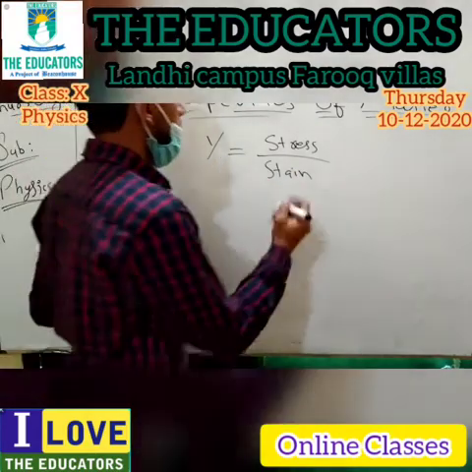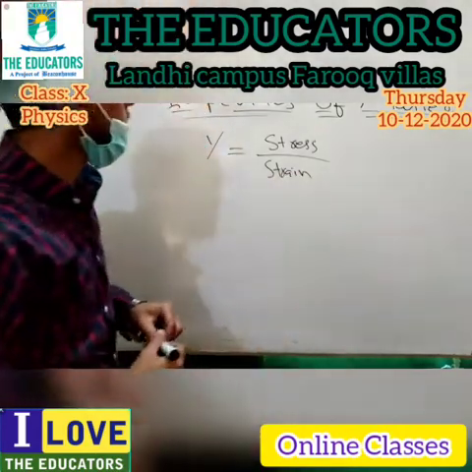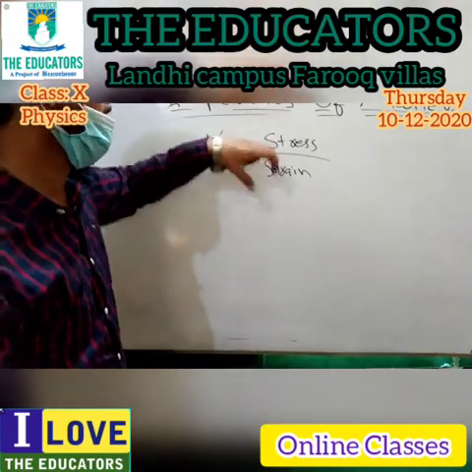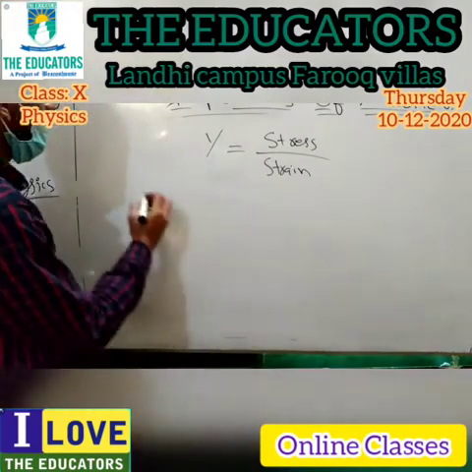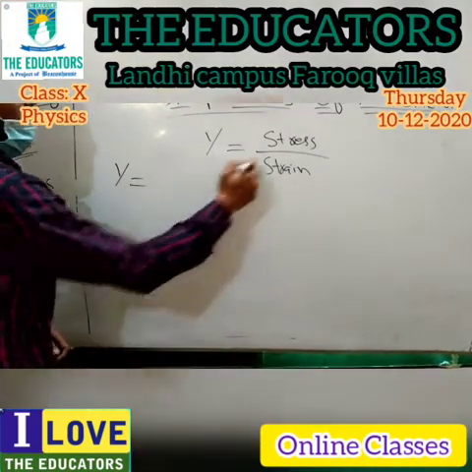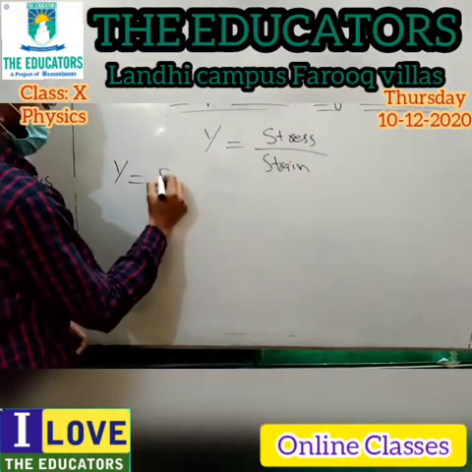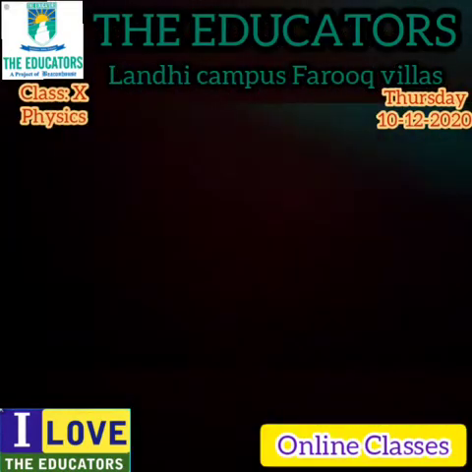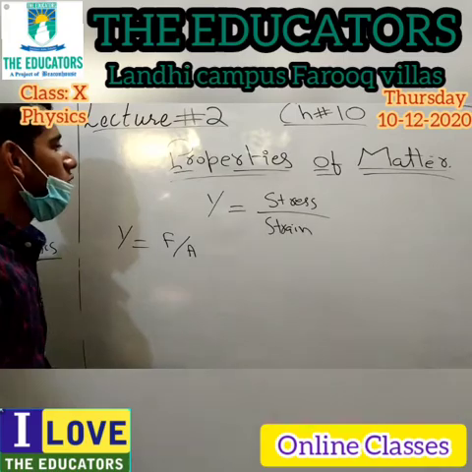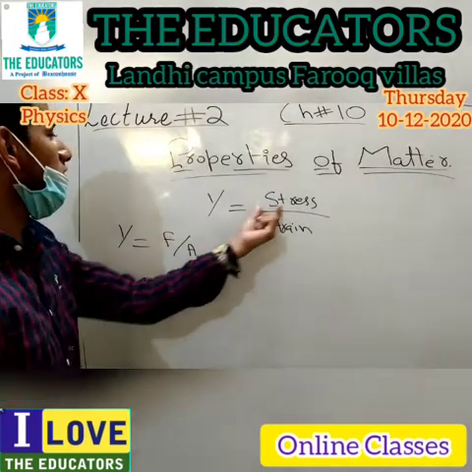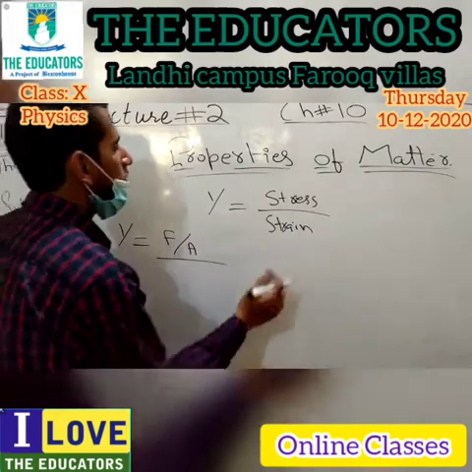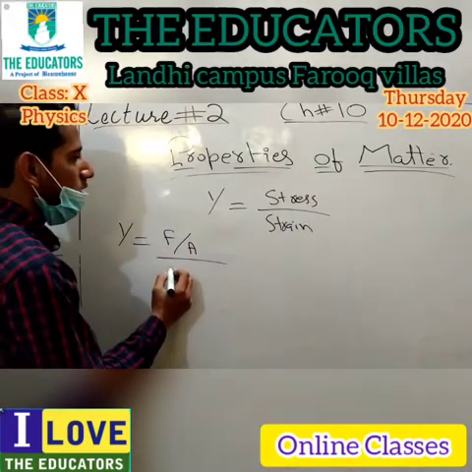Now what if we put in their respective values for stress and strain, as we have discussed earlier? What was stress? Force per unit area. So here I have put the value for stress, that is F over A. And what is strain?